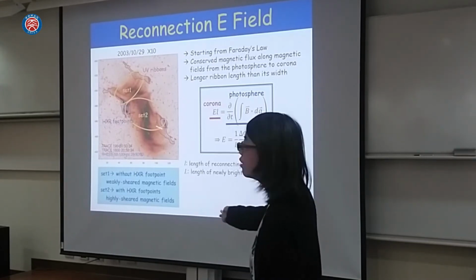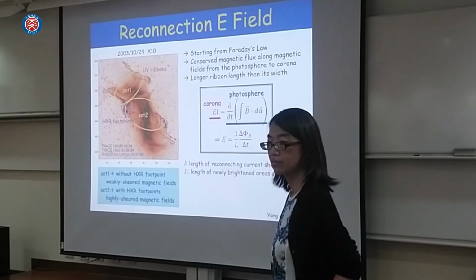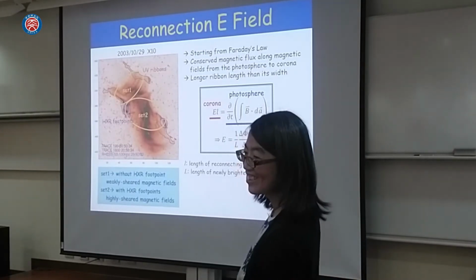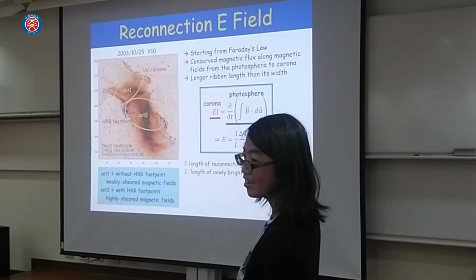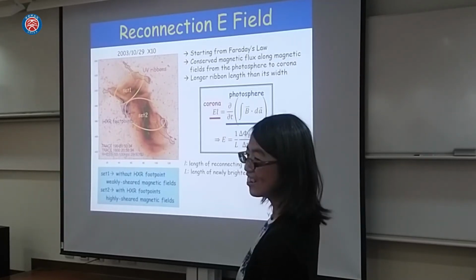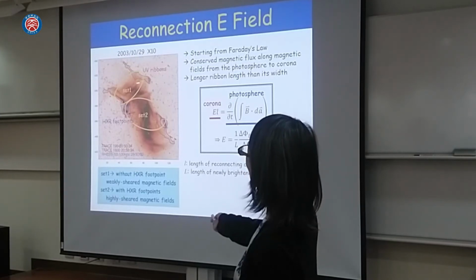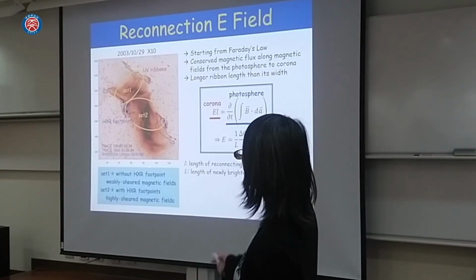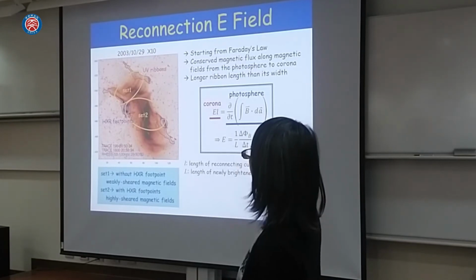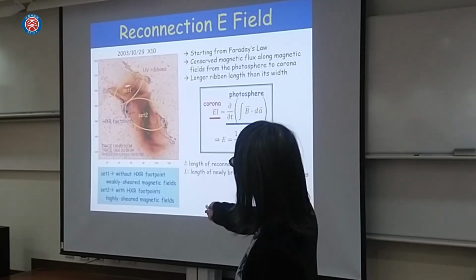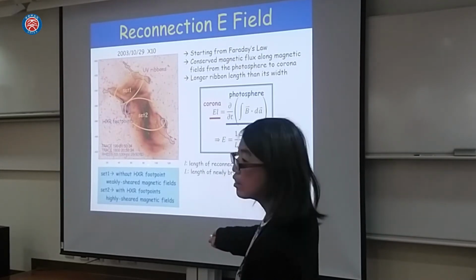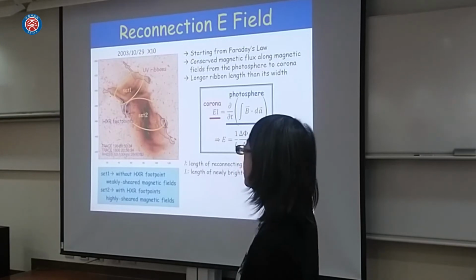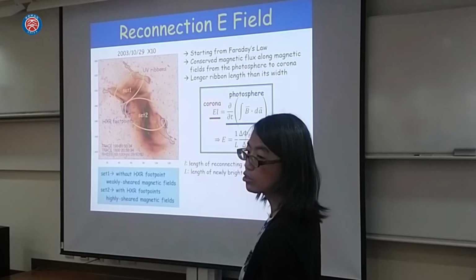How can you tell whether that's the lower part or upper part, whatever the loop or arcade shape? I think because this image is taken at 195 angstrom, it should be in the lower corona or transition region.